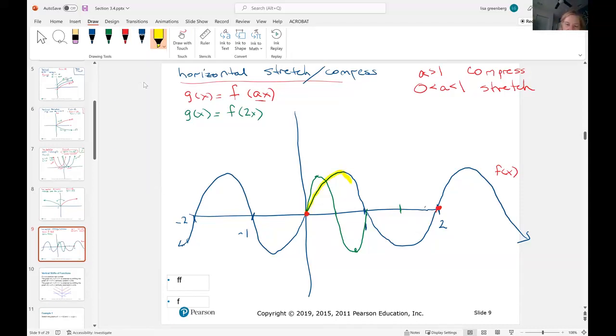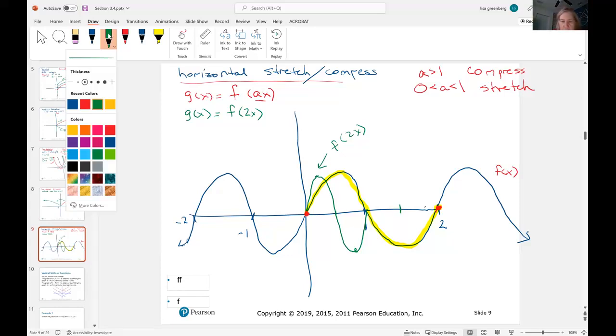So it's going up, down, up, and it's ending in the same place as it did before, right? That is the f of x. This right here is f of 2 times x. So I'll try again. So within that one section here, let me see. I'll do it. I can do it.